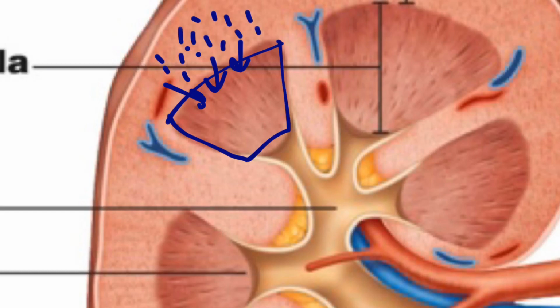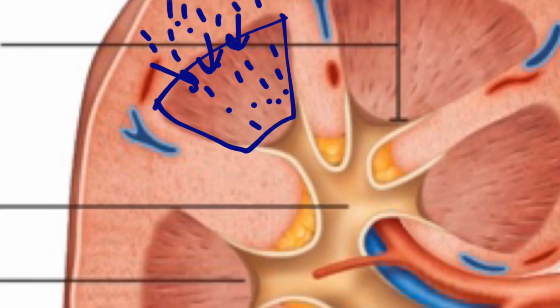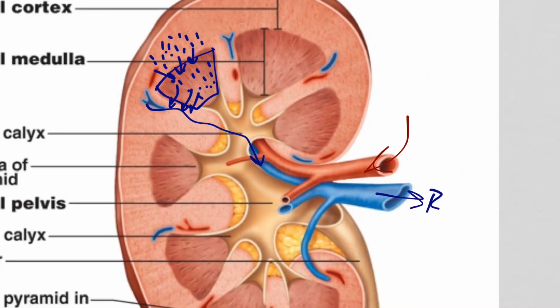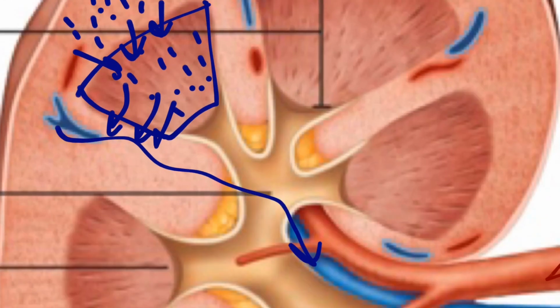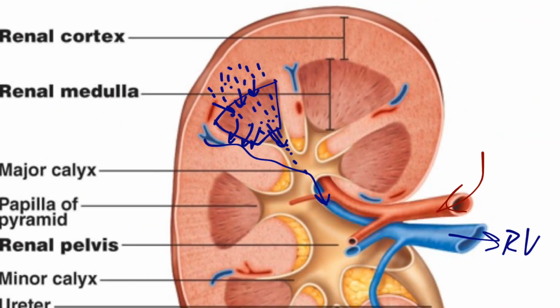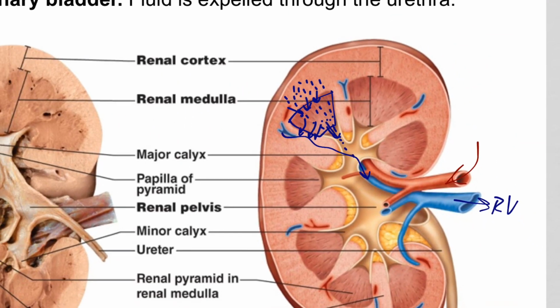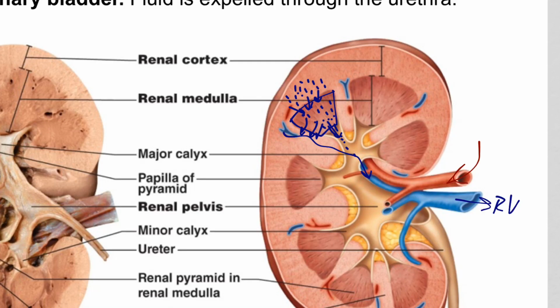And if that filtrate is dripping down through little tubules in the renal pyramid, you really have two options. Option one is that water gets taken back out and sent back into the renal vein just to put it right back into circulation. The other option is some of that water leaks down through the bottom of the renal pyramid. These openings on the bottom of the pyramid, each one is called a calyx.